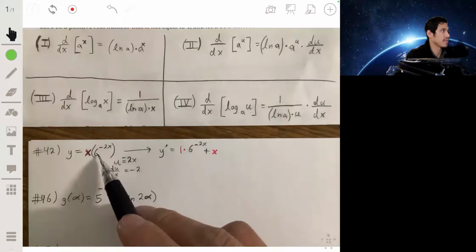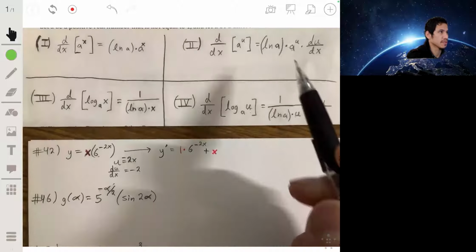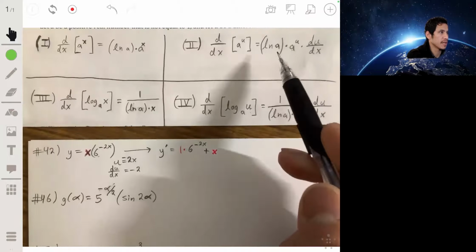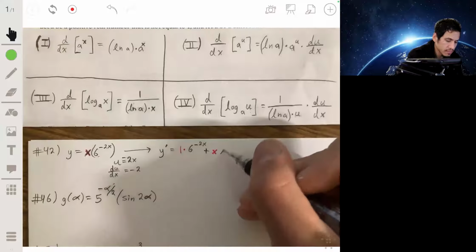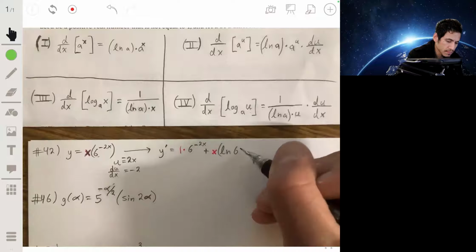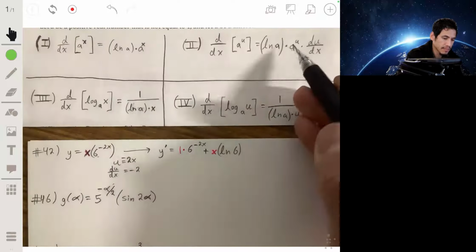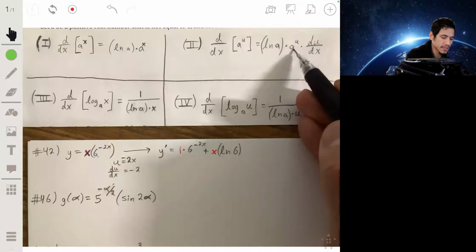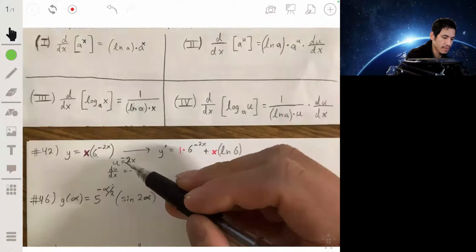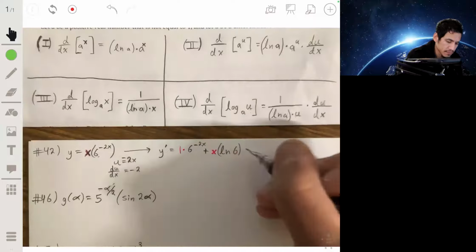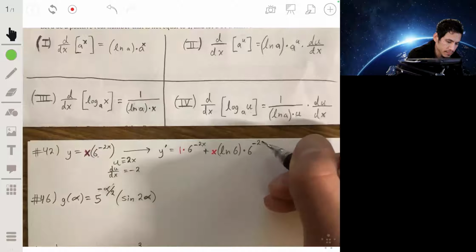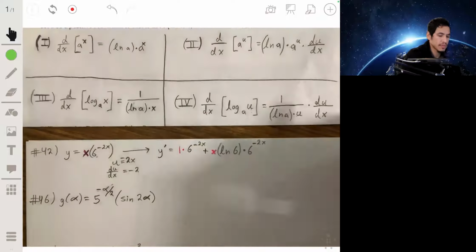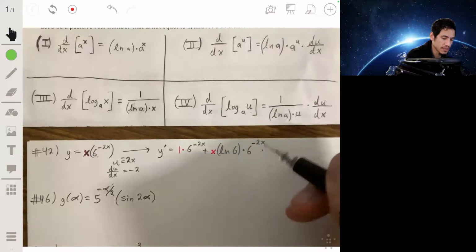So the derivative of 6 to the negative 2x using this equation will be the natural log of 6 times 6 to the u, or 6 to the negative 2x, times du dx, which is negative 2.